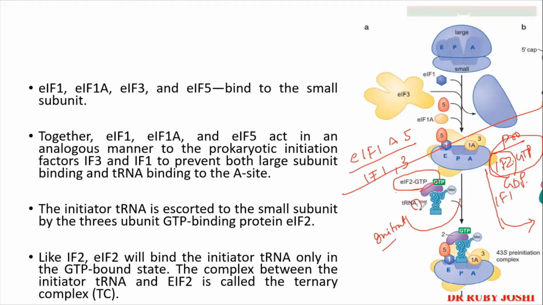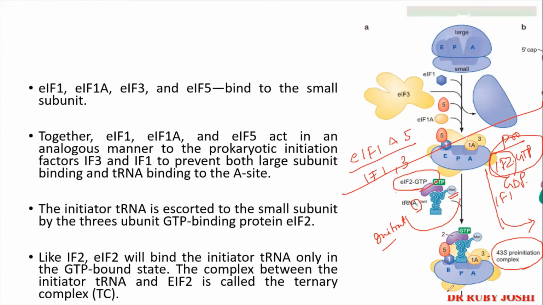Similarly, in the case of the eukaryotes, you have got eIF2 GTP, which goes and binds to tRNA. This is your initiator tRNA, correct? You can see i is written over here. So it means it's your initiator tRNA charged with amino acid methionine, okay? Now this is being recruited with the help of eIF2 GTP. Now you can see it over here. So this 43S pre-initiation complex means what? It has got your initiation factors 1, 1A, 5, 3, 2.